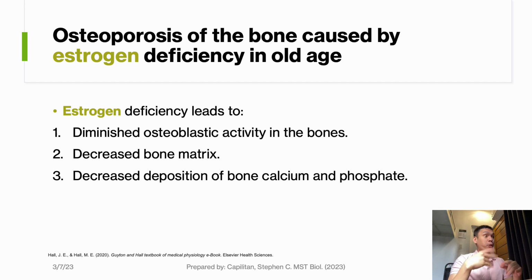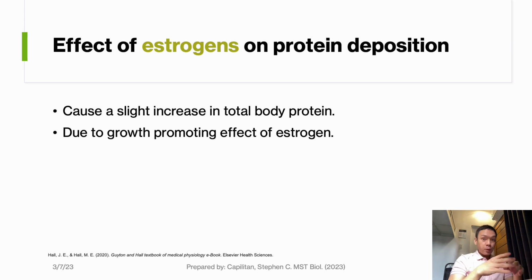Osteoporosis of the bone is caused by estrogen deficiency in old age. Estrogen deficiency leads to diminished osteoblastic activity in the bones, decreased bone matrix, and decreased deposition of bone calcium and phosphate. With protein deposition, estrogen causes a slight increase in total body protein due to its growth promoting effect.